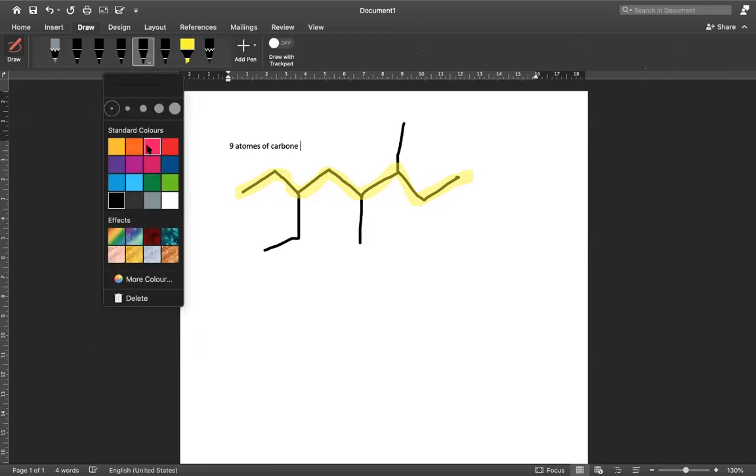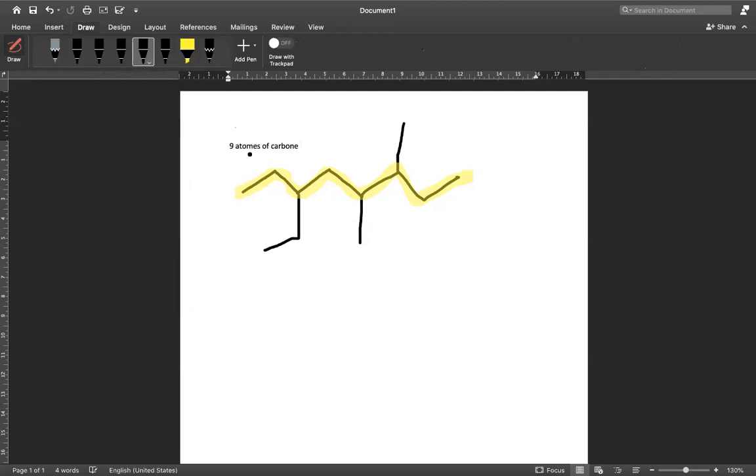You say the longest chain has 9 atoms of carbon, or is it 8? Oh, 8, sorry: 1, 2, 3, 4, 5, 6, 7, 8. Thank you very much, Tonga. So it's going to be 8. Even if it were 9, the answer would still be correct.